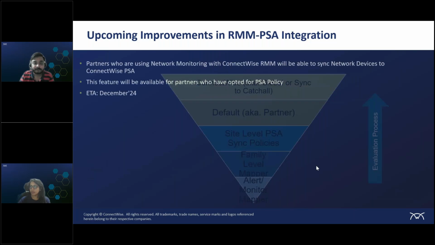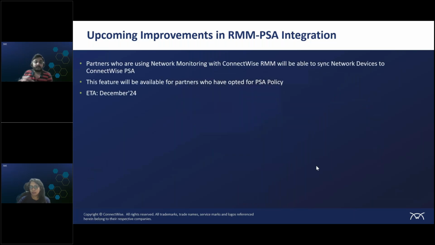Next one. Yeah. So this is one more upcoming improvement that we are currently working on. Partners who are using network monitoring with ConnectWise RMM want their network devices to be synced into ConnectWise PSA.